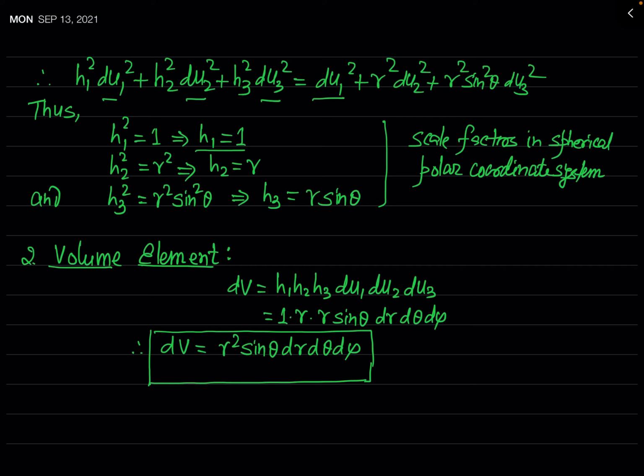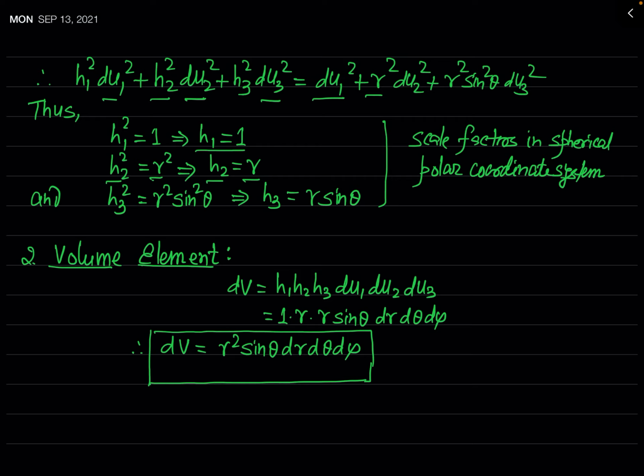Now equate the coefficient of du2 square. In LHS the coefficient of du2 square is h2 square, and in RHS it is r square. So h2 square will be equal to r square. It means h2 is equal to r. This is your second scale factor in spherical polar coordinates.